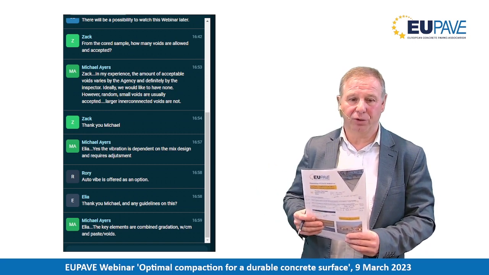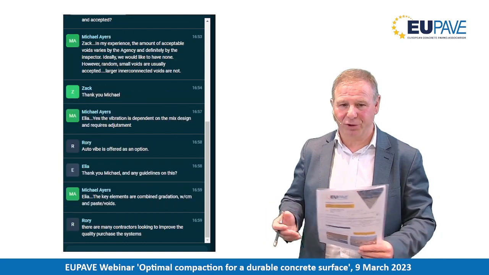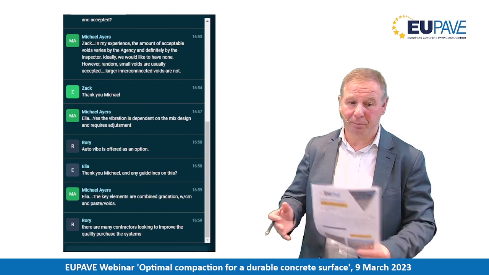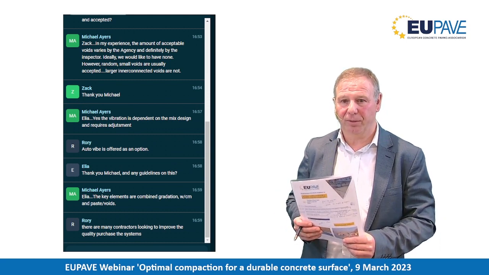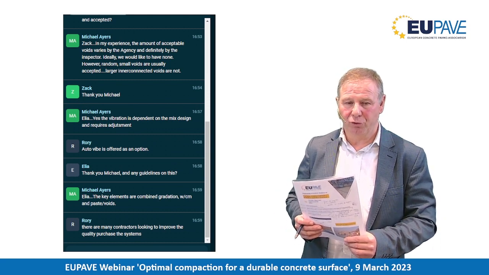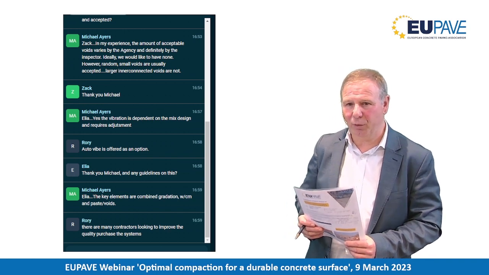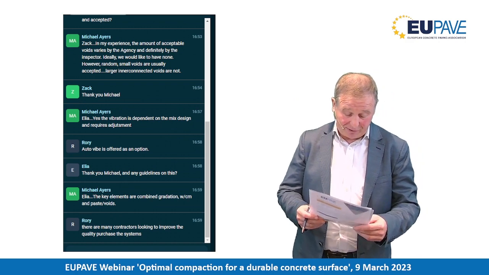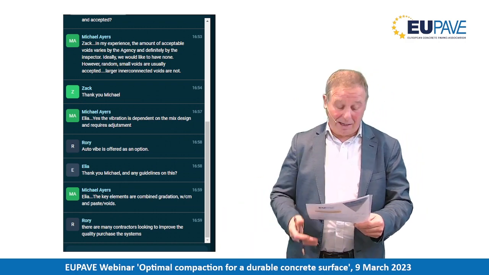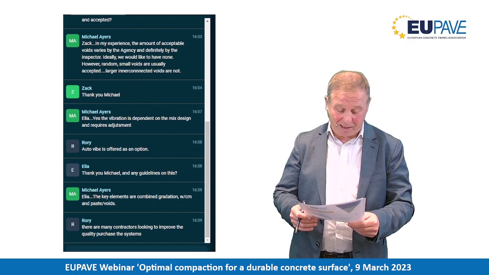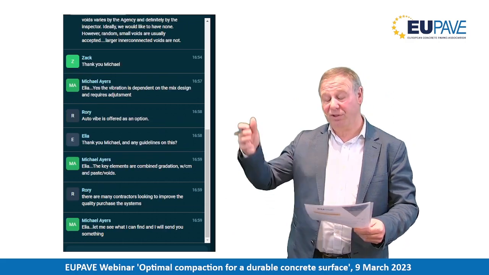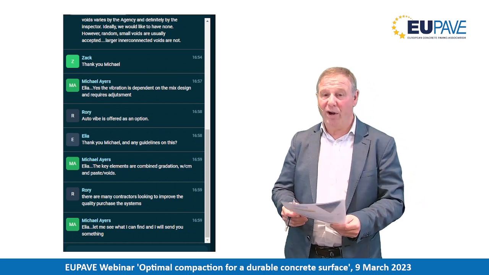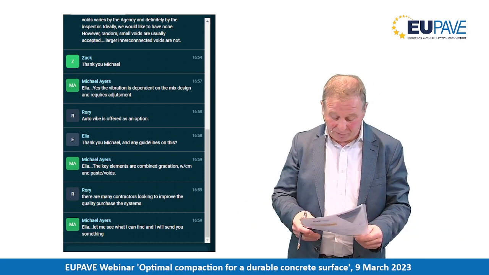So Mr. Ayers also responds to Elia that the key elements are the combined gradation, water cement ratio, and the paste voids ratio. To some extent, I believe that they will be different between Europe and the United States. We also heard Mike saying that they're going as low as something like 400 pounds a cubic yard, which is around 240 kilograms a cubic meter of cement, way lower than what we use in Europe, especially in Belgium.